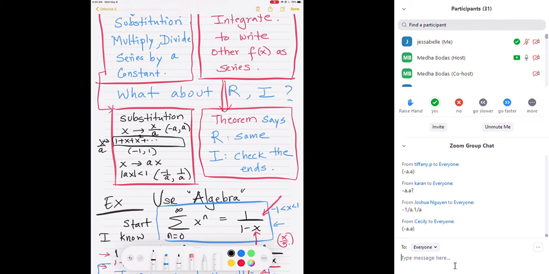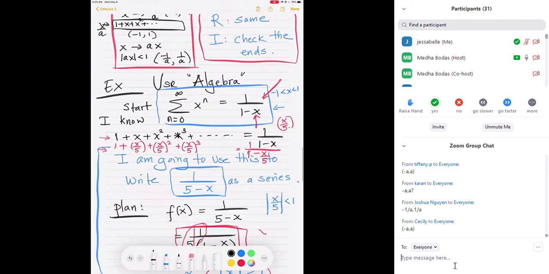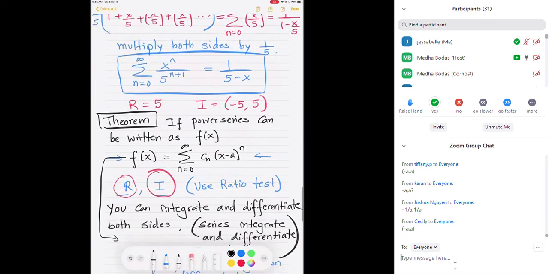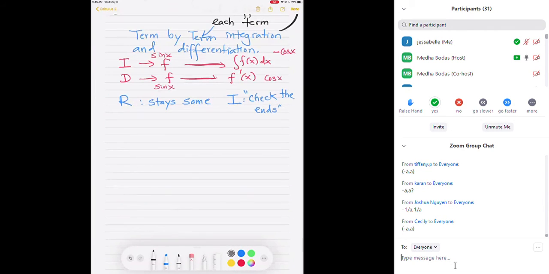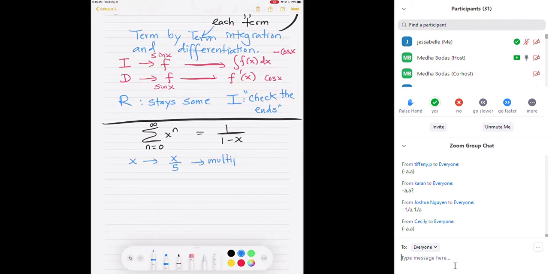If you are with me, I'm going to continue with the story. We started the lecture with the sum from n equals 0 to infinity of x to the n, which is 1 over 1 minus x. We used the substitution: we replaced x by x over 5, then multiplied by 1/5.